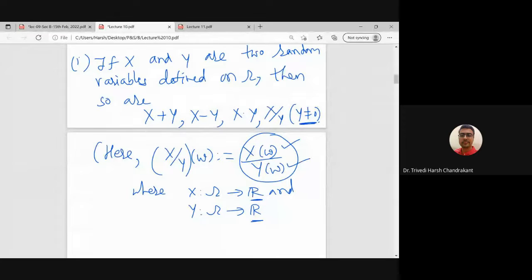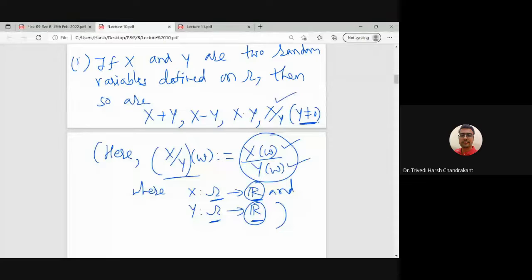So addition may not be defined in the sample space, but since the codomain consists of real numbers, we are defining these functions. So it is clear that if x is a function from omega to R, y is a function from omega to R, then x quotient y is also a function from omega to R. Therefore, it is also a random variable.